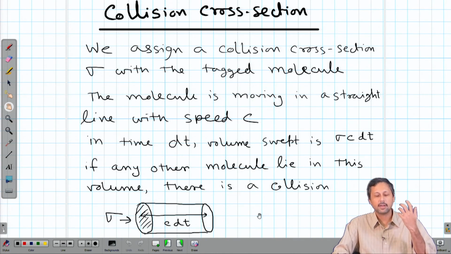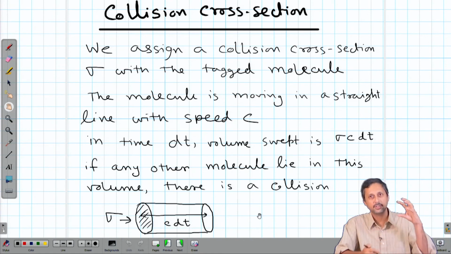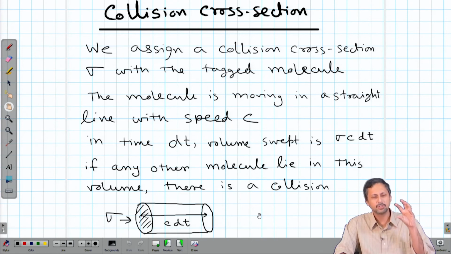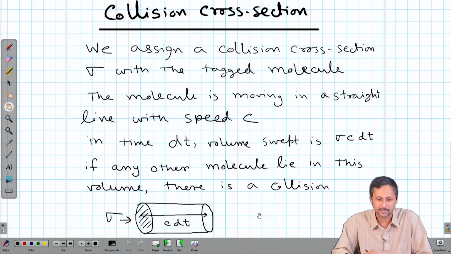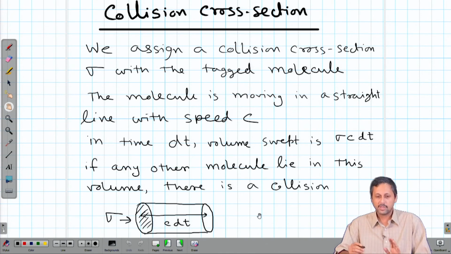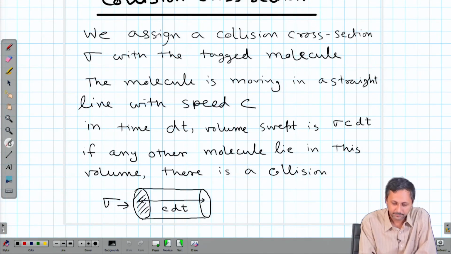Now, at first glance it seems that this collision cross section is exactly like the cross section of that molecule, but later on we will see that it is not exactly that, though it has something to do with the actual cross section of this molecule, but it is sometimes more than that. We will come back to that in the next lecture, but for now we are just going to assign a collision cross section and we call it sigma, okay. We just name it sigma.